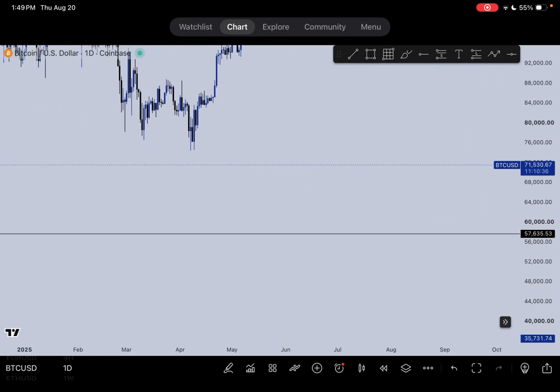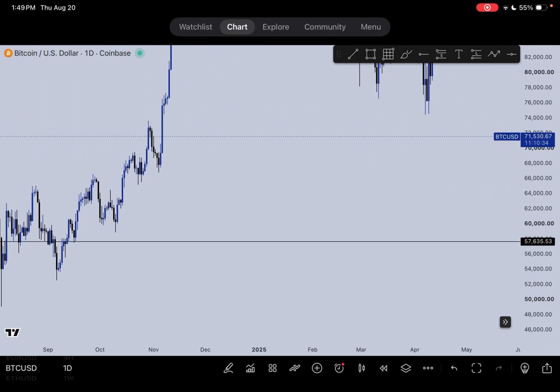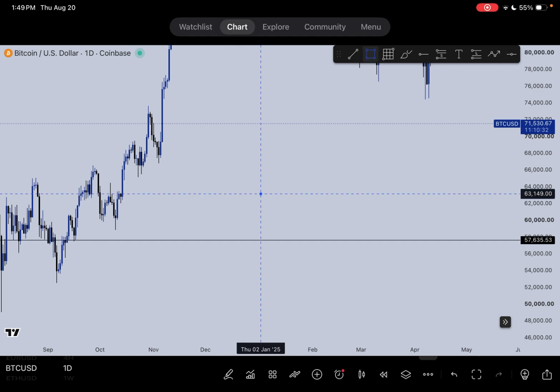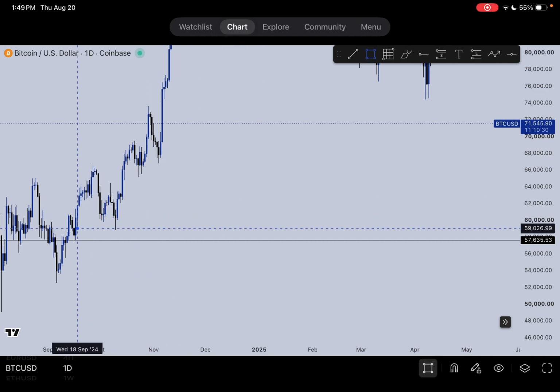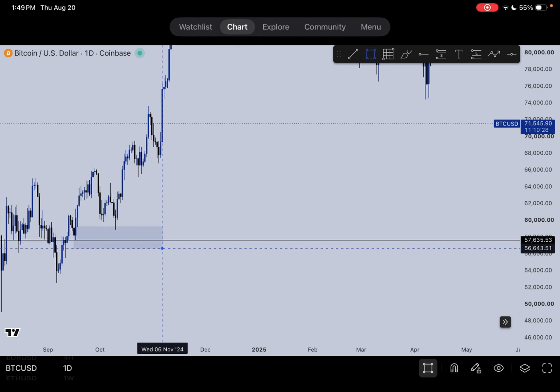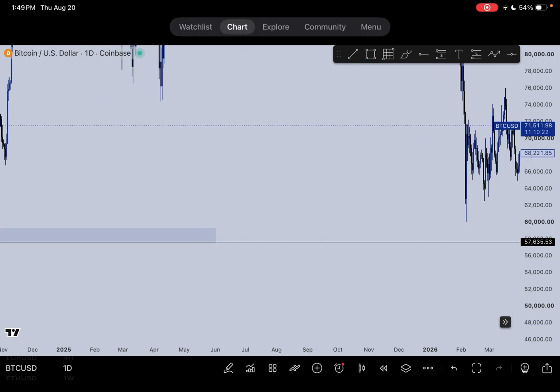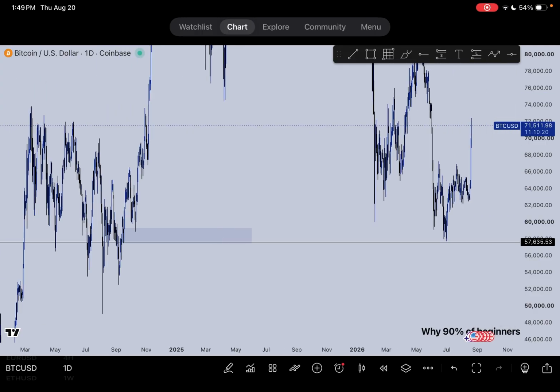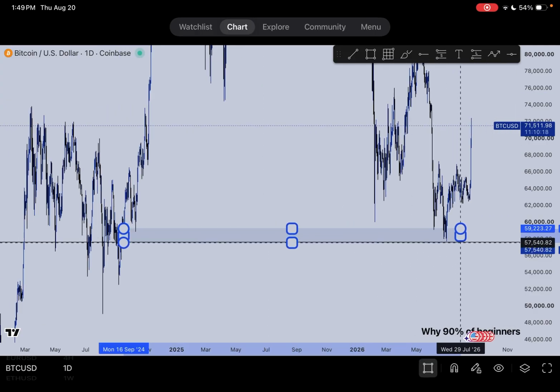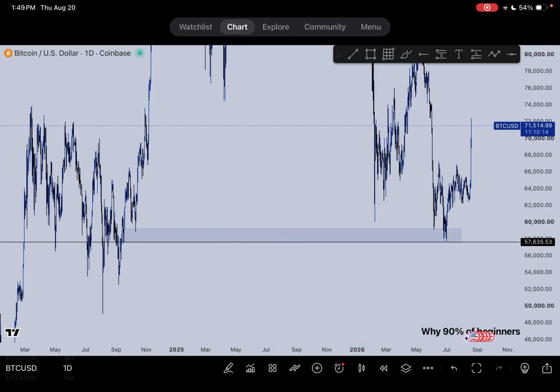You can clearly see that we had this other block on the daily time frame here. We had this other block for this buy on BTC.